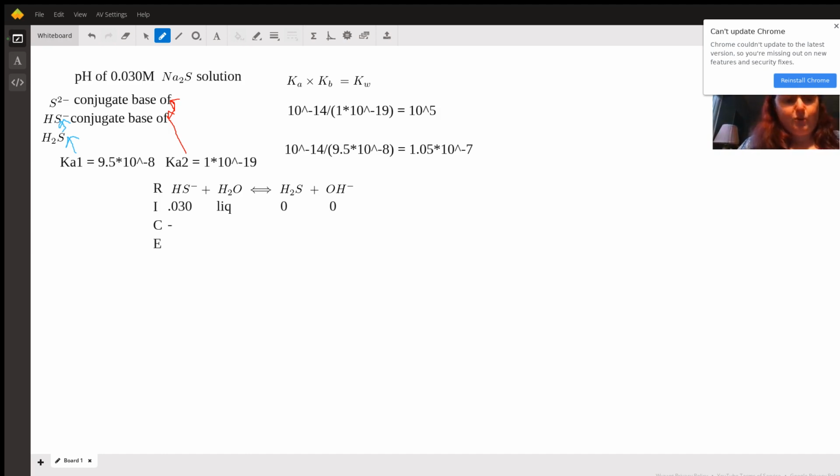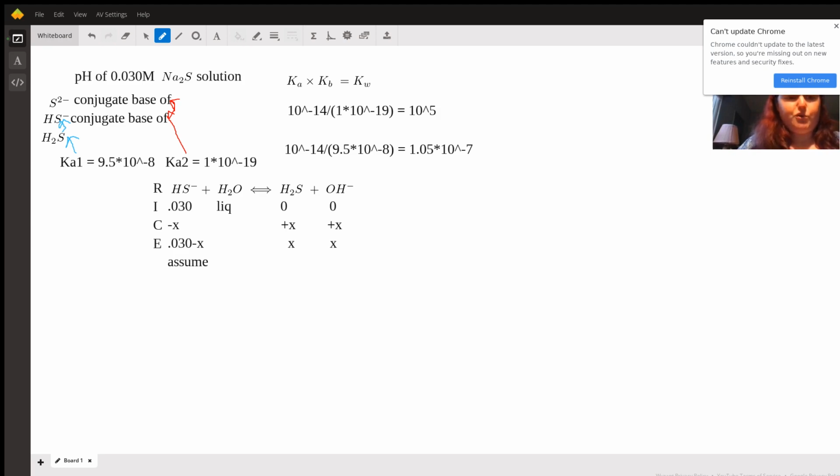What's going to happen? Well, we're going to lose some amount. Water is still a liquid. And we're going to gain that same amount over here. So where do we end up? 0.030 minus x, x, and x.